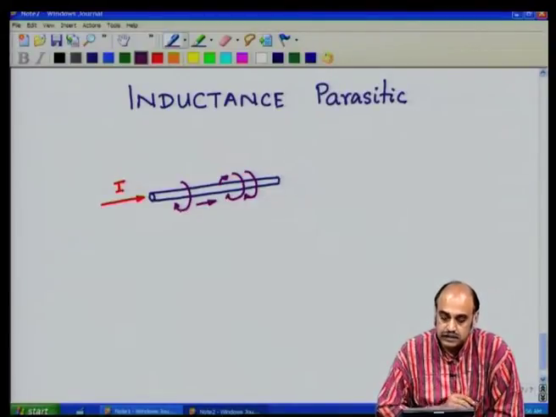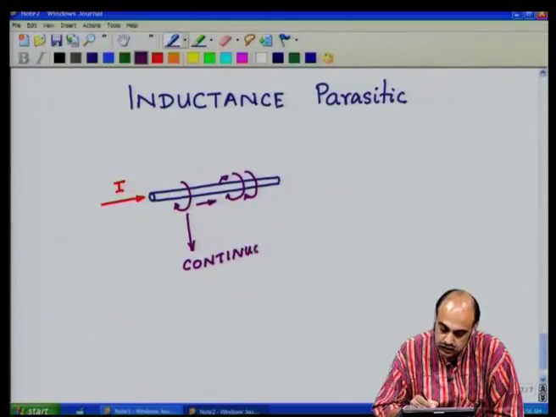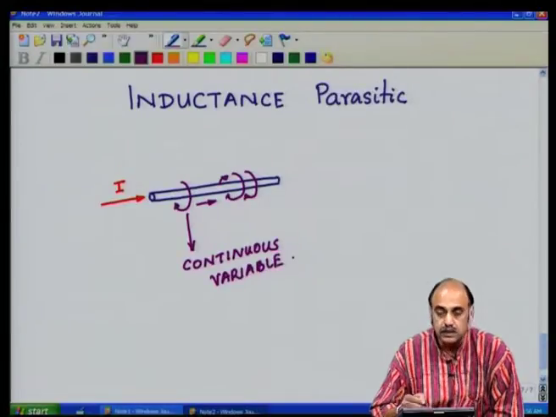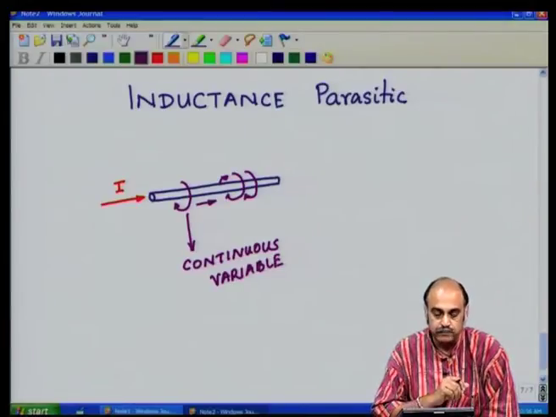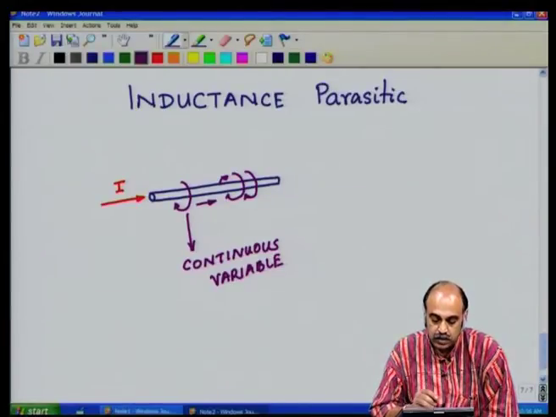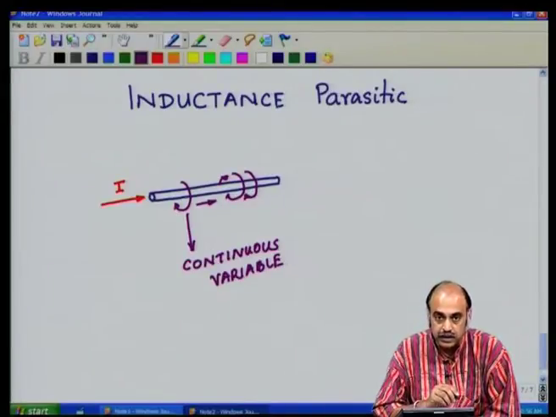Now, the flux is a continuous variable, meaning it is a state variable. It cannot change instantaneously because of the nature of the flux variable being a continuous variable.